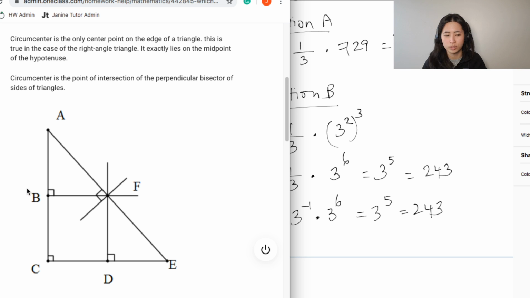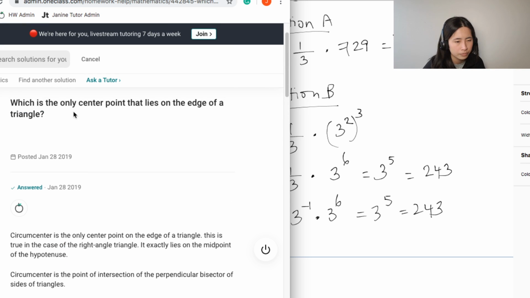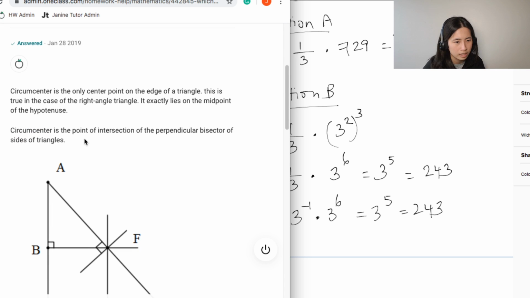So basically this is one perpendicular bisector, this is another one, and then there's another one. So there's 3 in total for right triangles. And on top of that, if you have a circumcenter and it's a right triangle, that creates a midpoint in your hypotenuse. So that's something that you need to know, which is the only center point that lies on the edge of a triangle.